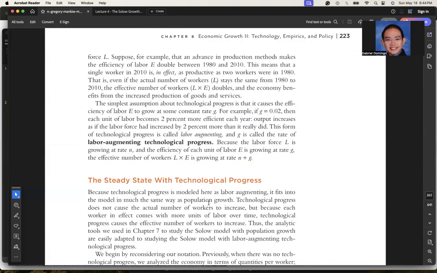This is another example of labor-augmenting technological progress, because it's the efficiency of labor that's growing. We are going to assume that E, the effectivity of labor, is growing at a given rate G. That's the last thing that's going to change.